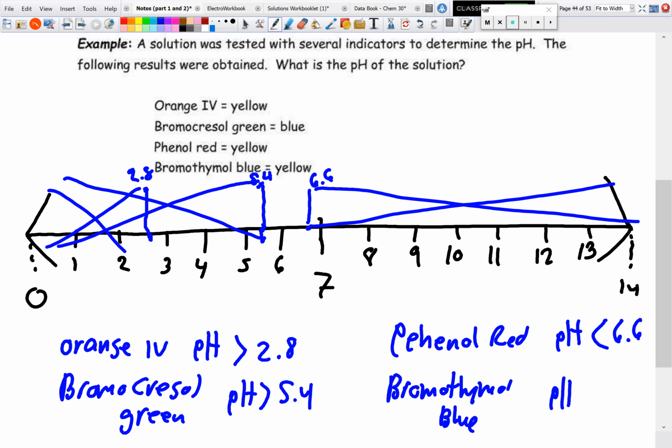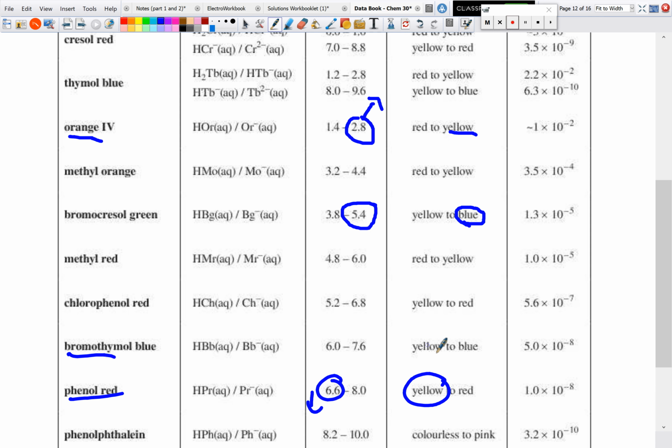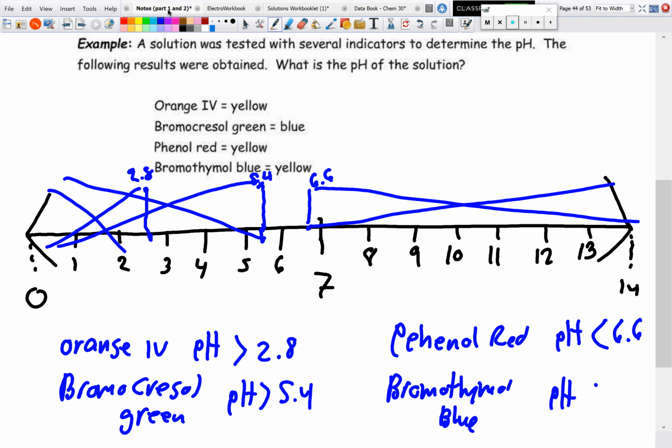Bromothymol blue says it should be yellow. So what does that mean? We find bromothymol blue is here. Yellow is right here. That means it needs to be below 6.0. So that means it's below 6.0. So that means our cutoff point right now is here, 6.0, and that eliminates this section right here. So now what we can see, the only area of our graph that is not crossed out is we have this area right here.